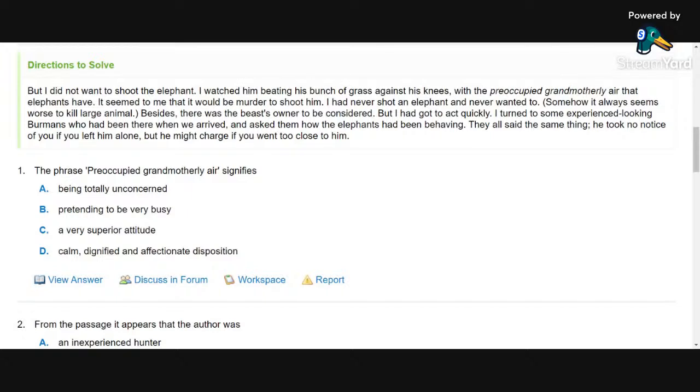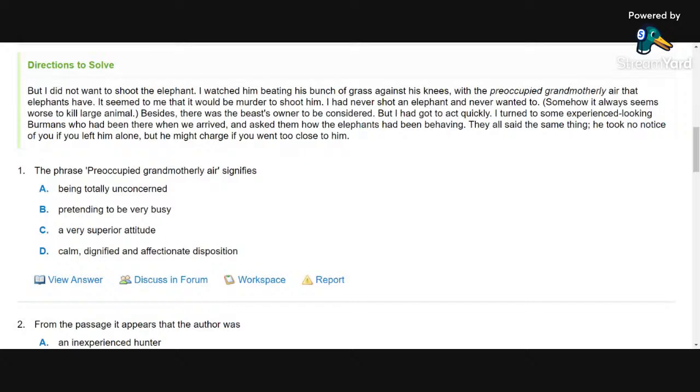Besides, there was the beast's owner to be considered. But I had got to act quickly. I turned to some experienced looking Burmans who had been there when we arrived and asked them how the elephants had been behaving. They all said the same thing. He took no notice of you if you left him alone, but he might charge if you went too close to him.